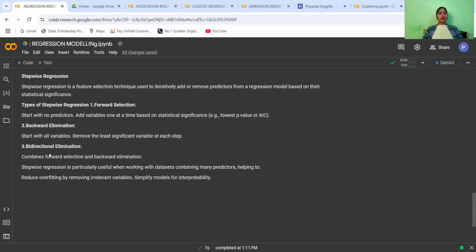Bidirectional elimination: combines forward selection and backward elimination. Stepwise regression is particularly useful when working with data sets containing many predictors, helping to reduce overfitting by removing irrelevant variables, and simplifying models for interpretability.